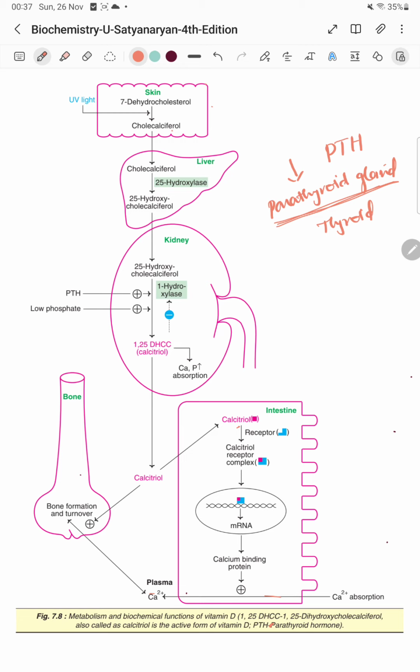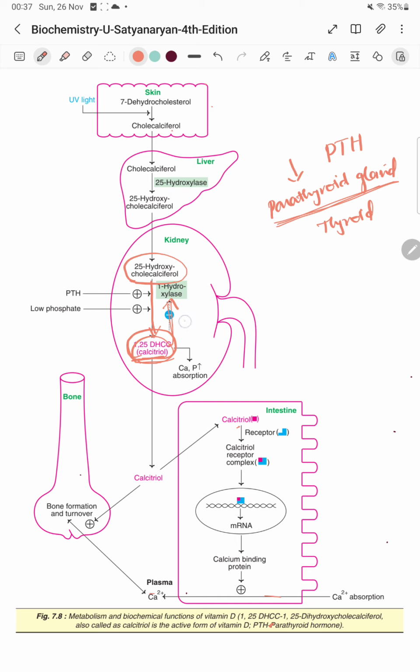And one more thing, we need only a specific amount of vitamin D per day. We do not require more than normal. For example, if you have excess calcitriol synthesis, what happens? This excess calcitriol synthesized in your kidney will go back and inhibit the 1-hydroxylase enzyme, so that 25-hydroxycholecalciferol will not get converted to calcitriol.